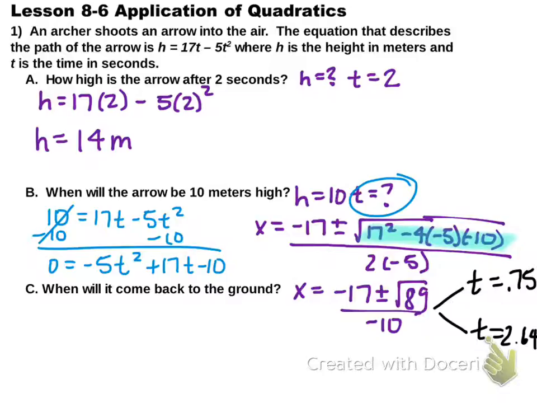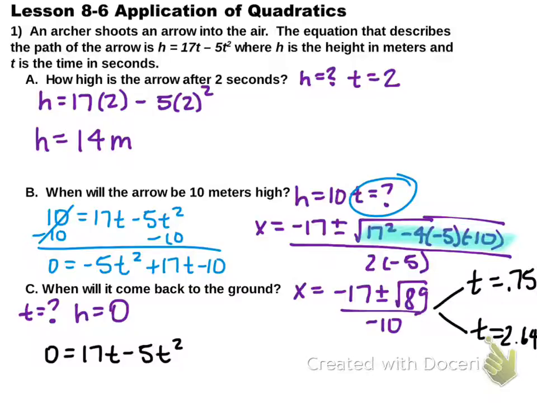Then it says, when will it come back to the ground? So I want to know what time h will be 0. h is going to be 0 this time. So I have 0 is equal to 17t minus 5t squared.